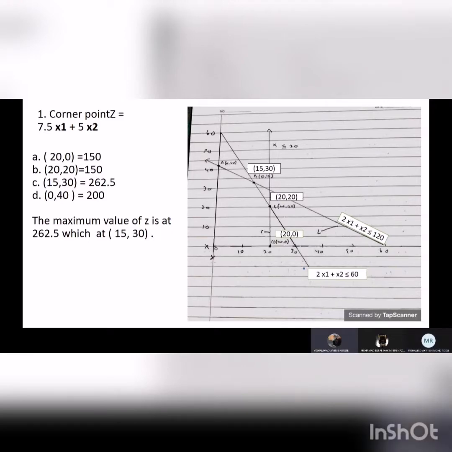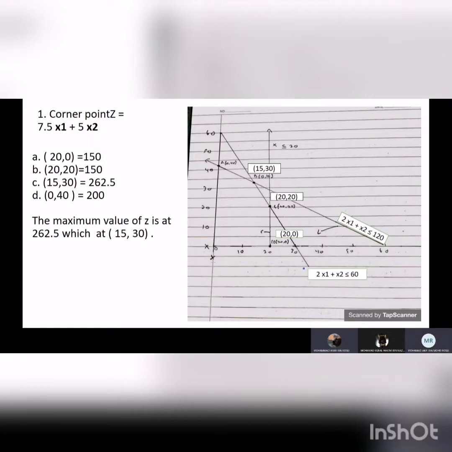Assalamualaikum warahmatullahi wabarakatuh. So for the last, we have to sketch the graph. For the first is corner point Z. Corner point Z is 7.5 x1 plus 5 x2. So for A, 20 0 is equivalent to 150.